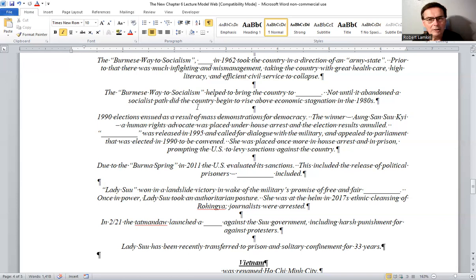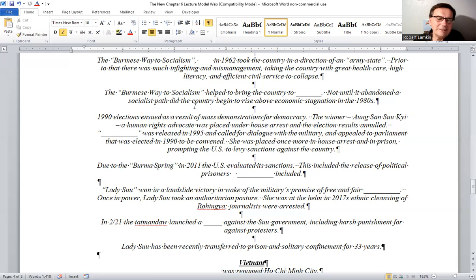Lady Suu was included in that release and promised elections, right? Lady Suu wins in a landslide victory in the wake of the military's promise of free and fair elections.